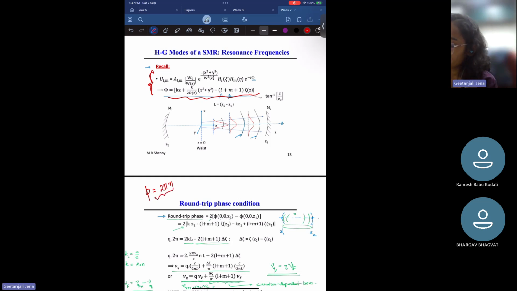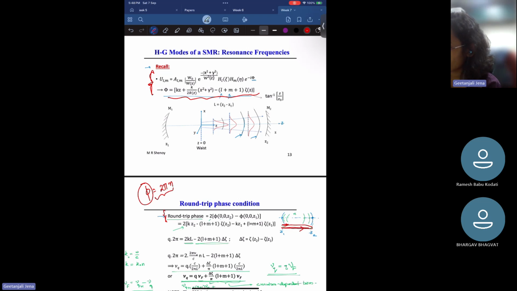So let us see what is the round trip. This is phi, the round trip phase. So for resonance frequency, the round trip phase must be equal to an integral multiple of 2 pi. So let us take the round trip expression first. One round trip means the ray will start from here, then it will be reflected back here, then it will start from this position.